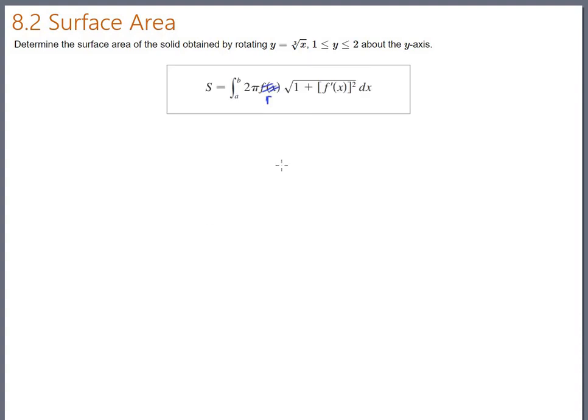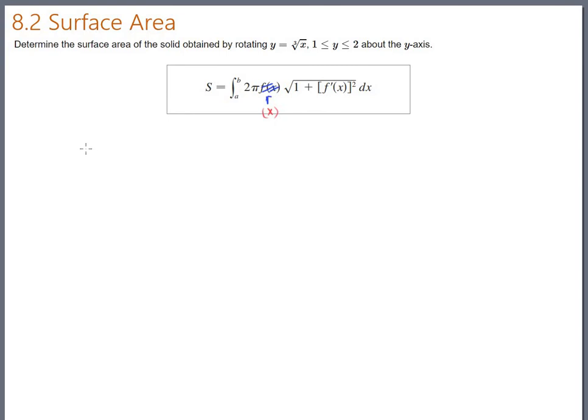And this time, rather than having 2 pi y or f of x, it's just going to be 2 pi x for us. Okay, so we'll go back to the example and say we are setting up this thing.